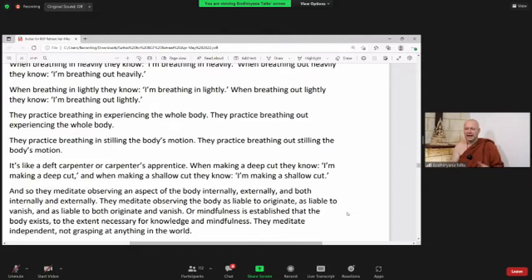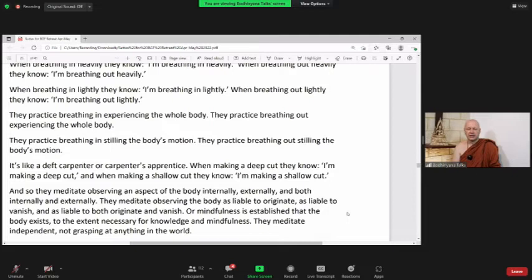And then as you do that, you end up not grasping at anything in the world. So this is the famous verse at the end, and you find this at the end of every single exercise in Satipatthana. So it's kind of important to understand roughly what it means.